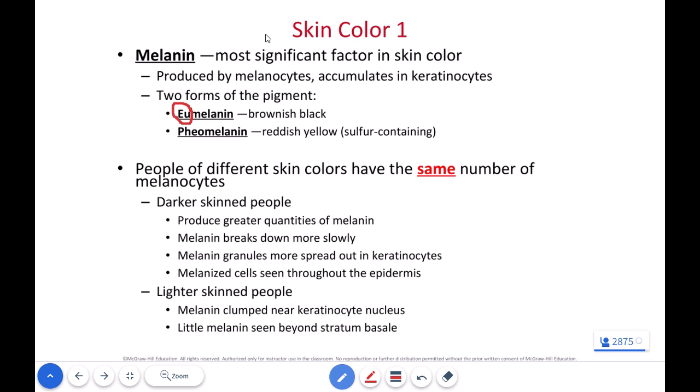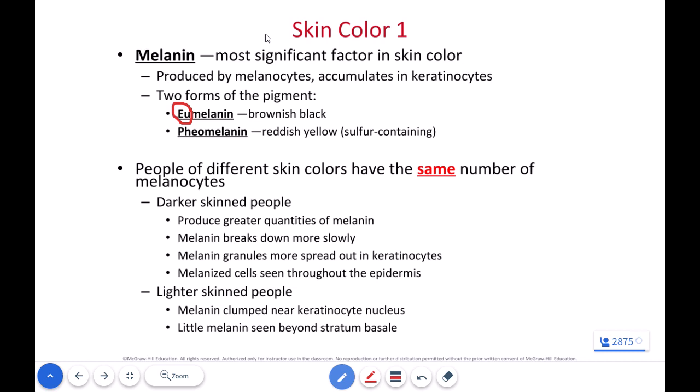And I remember being a student learning about individuals with dark skin and individuals with fair colored skin and how they both have the same number of melanocytes. And I thought that was particularly interesting. Even if you're one of the whitest people out there or one of the darkest people out there, those Caucasians and those people with very darkly colored skin have the same number of pigment producing cells, so the same number of melanocytes.